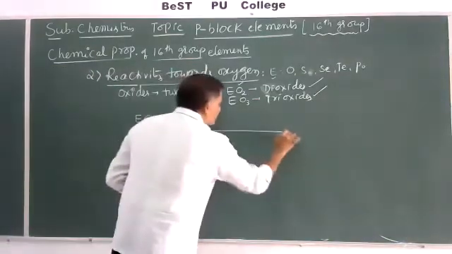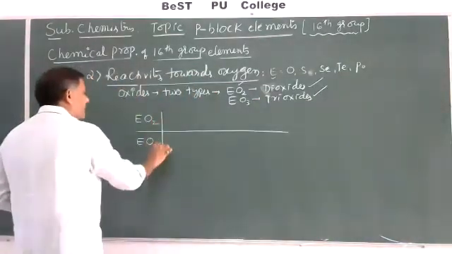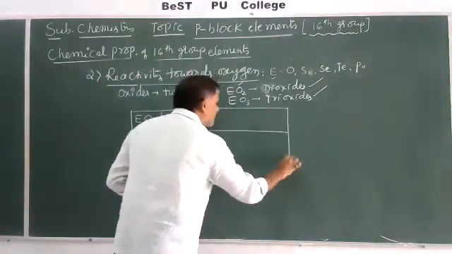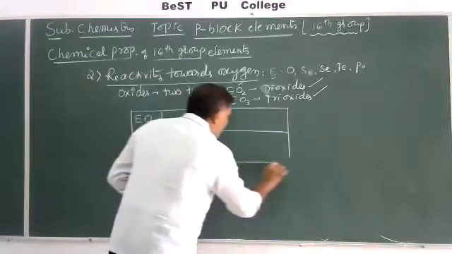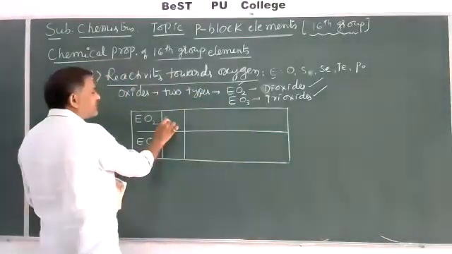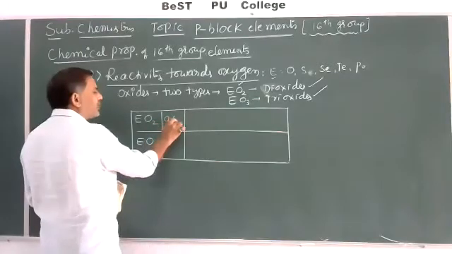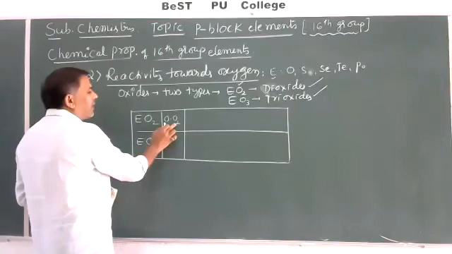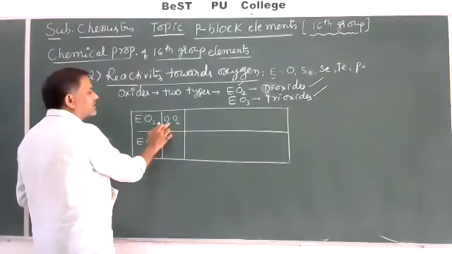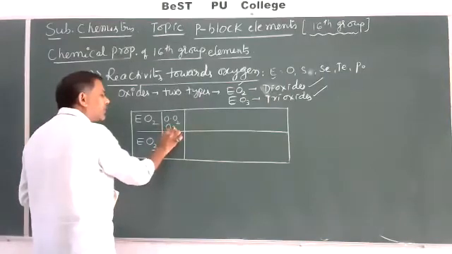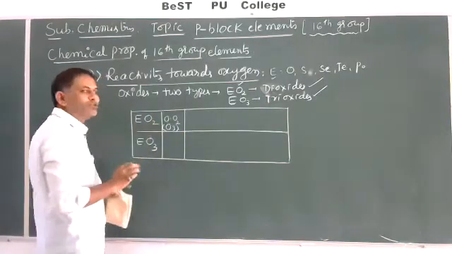Oxygen, the first element, combines with oxygen and forms O2, and the trioxide we can take as O3. That O3 is the ozone molecule.